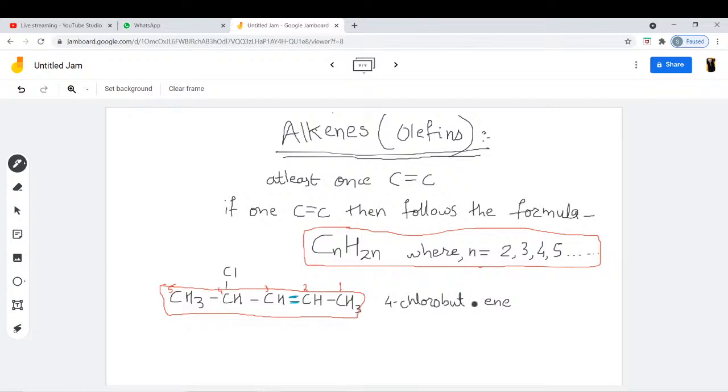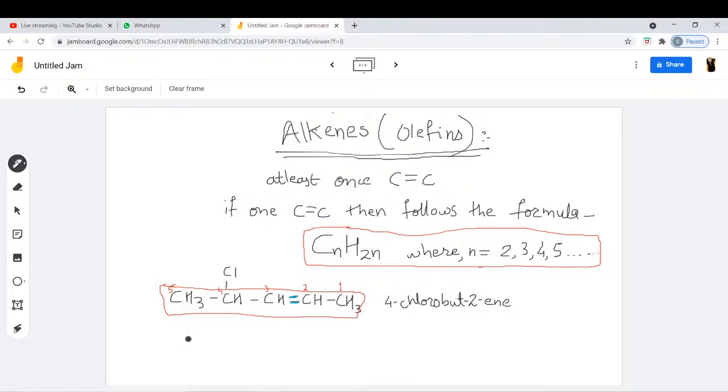The spelling is PENTENE, but before this ENE, where is the double bond? It is on carbon number 2. So pent-2-ene. So 4 chloropent-2-ene.